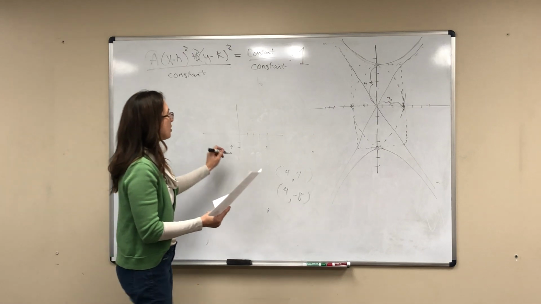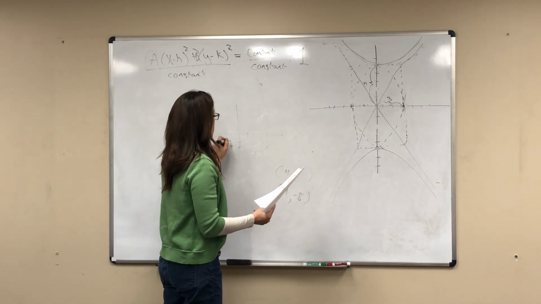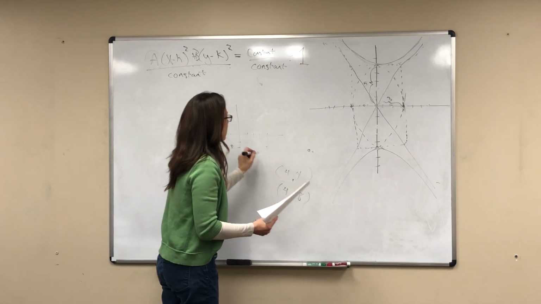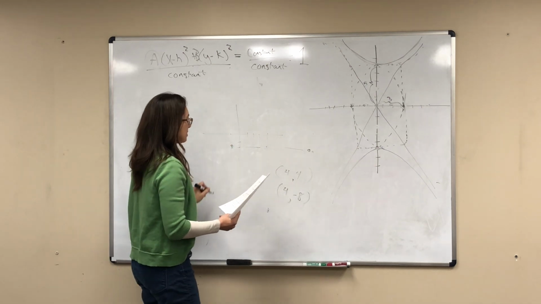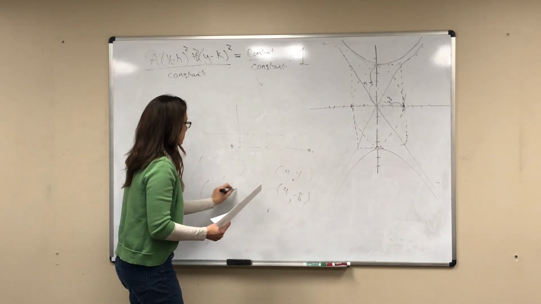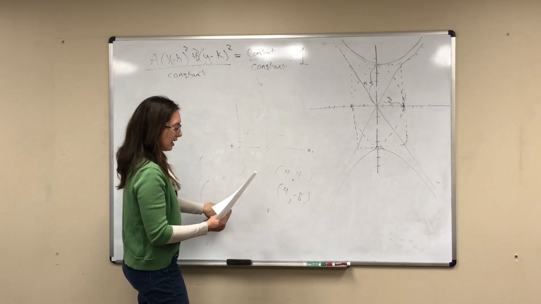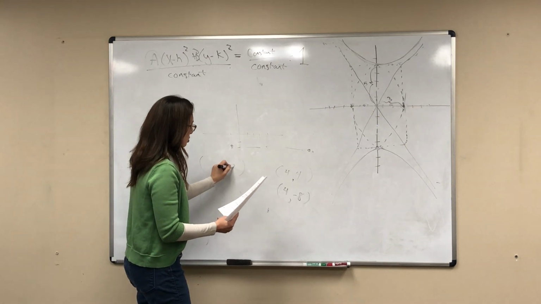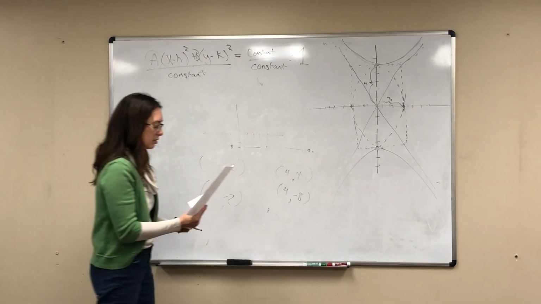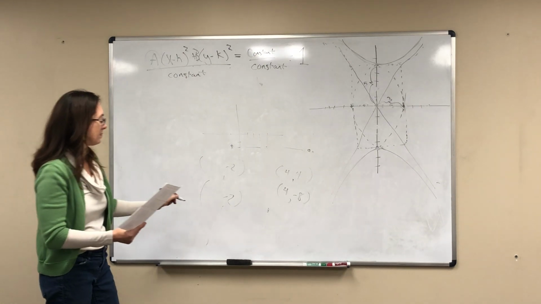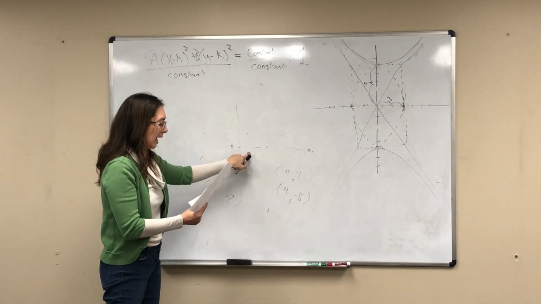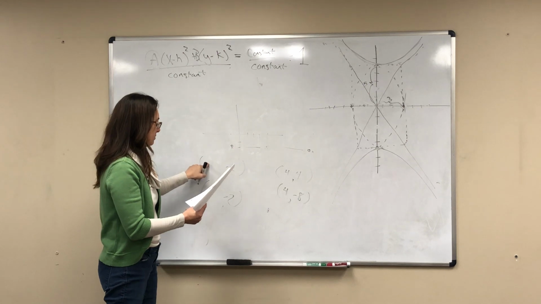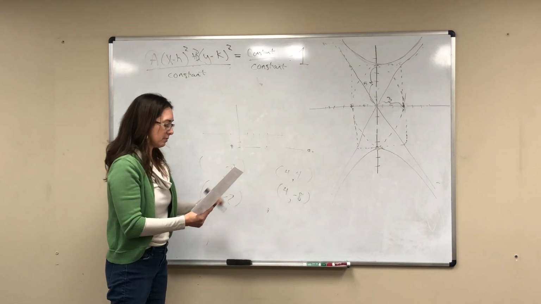Then for your co-vertices, that's going to be the direction that's skinnier, which happens to be along your x-axis. For your co-vertices, your y stays the same. So you would automatically just write negative 2 in both of those, because your y stays the same. And then we're going to add our 5 and subtract our 5.